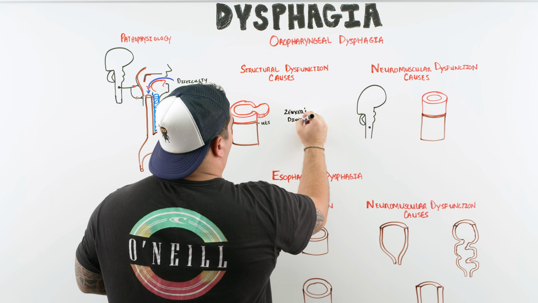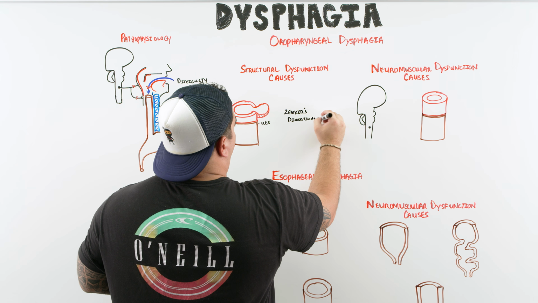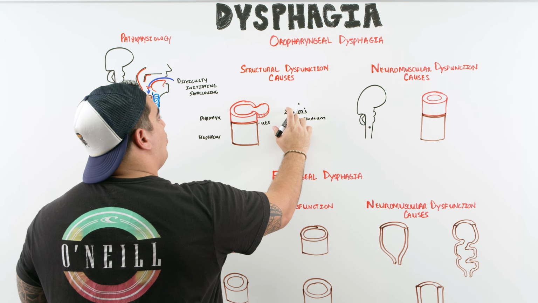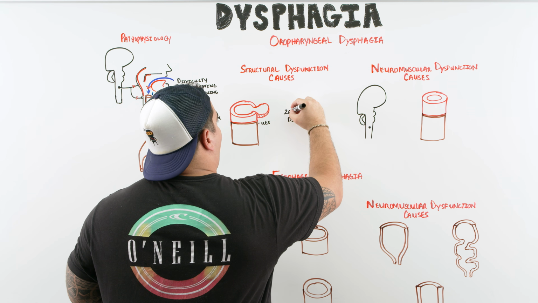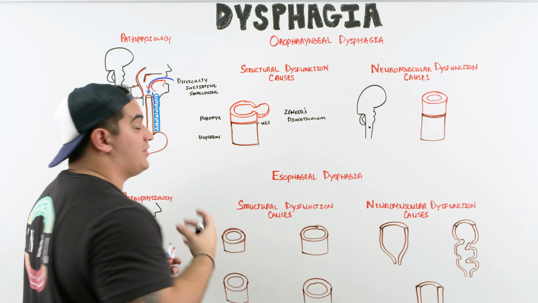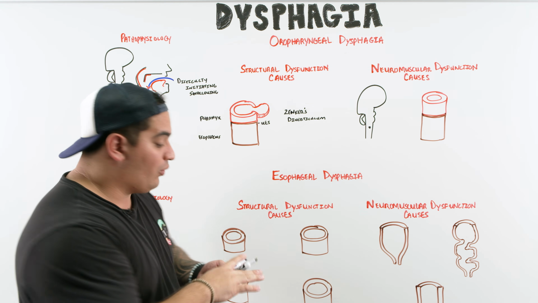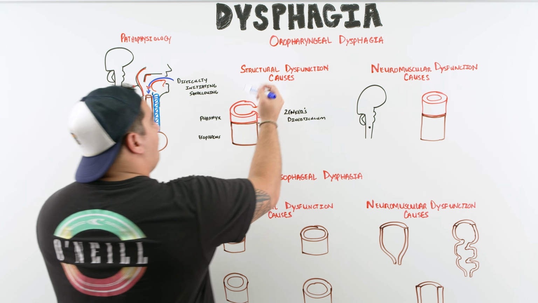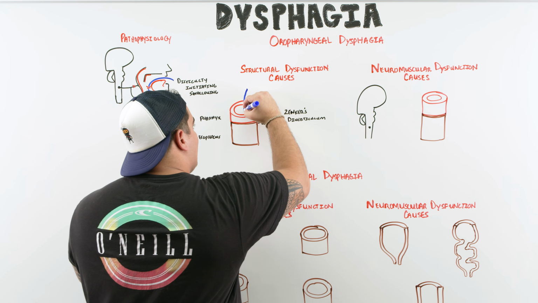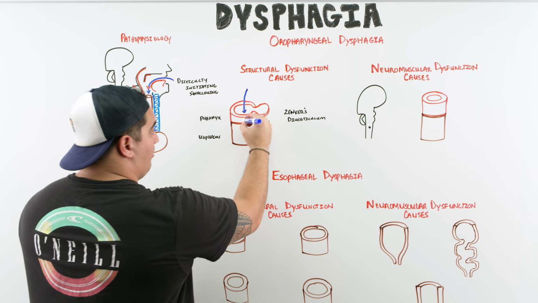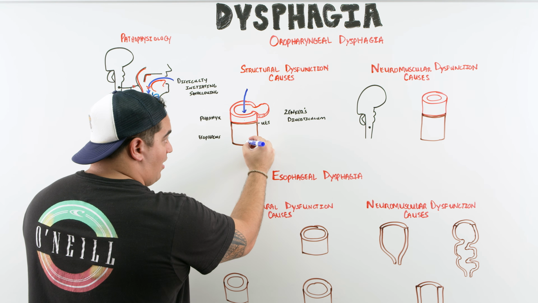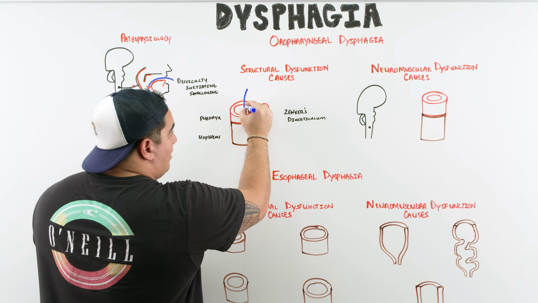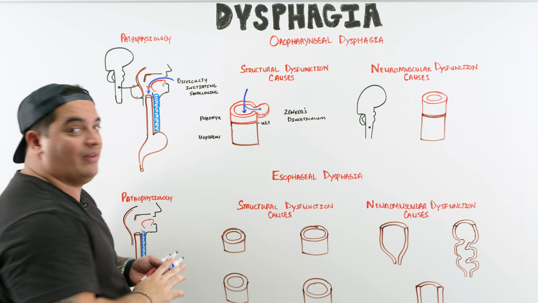diverticulum. One of the big things here is that these are usually older patients, and they have very foul-smelling breath. The reason why is when food and fluids are coming down this way to move through the pharynx into the esophagus, sometimes some of this food will move in here.